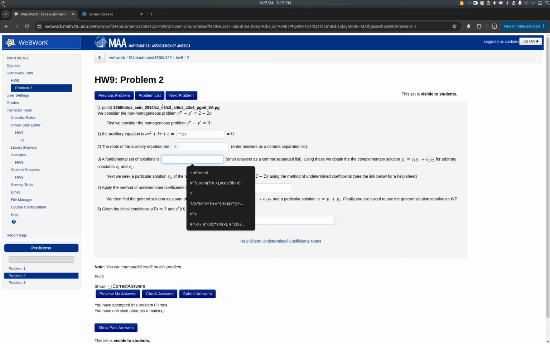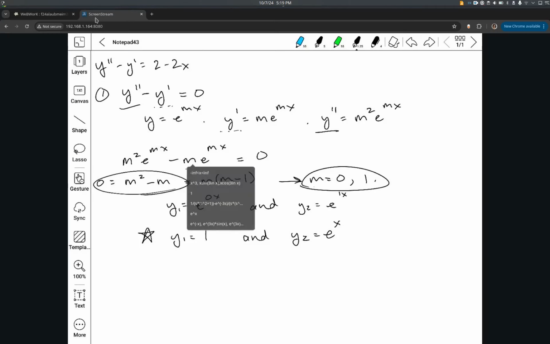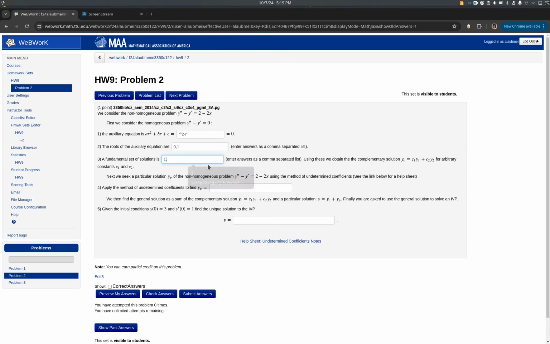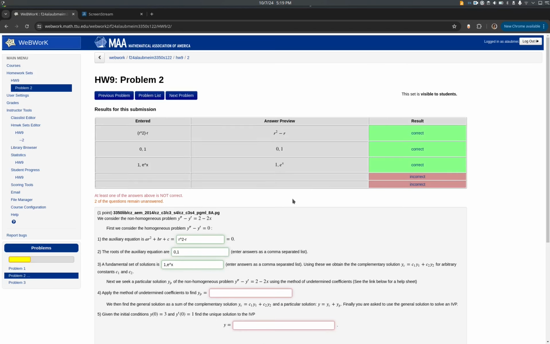And then the fundamental set of solutions is going to be that y1, y2 that we found right here. So that's 1 and e to x. And so those first 3 parts are stuff that we already knew how to do, but we need it to finish the rest of the problem.